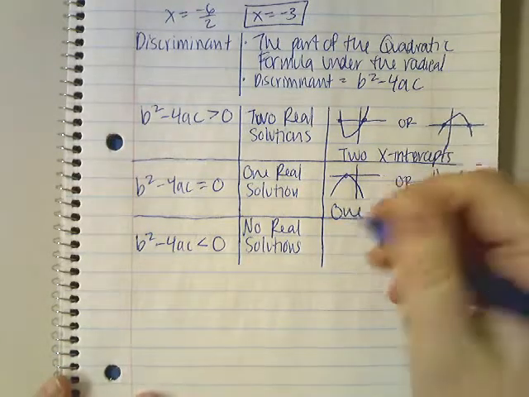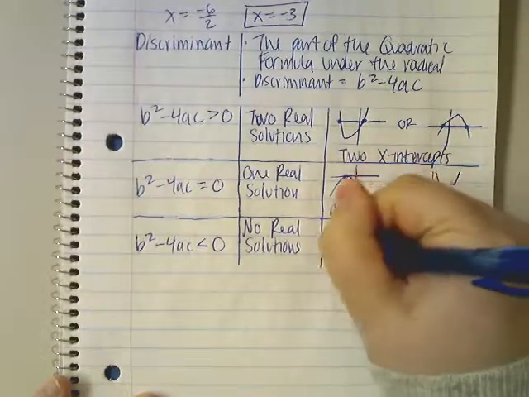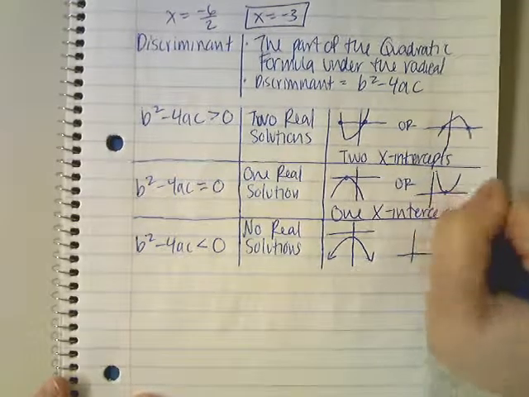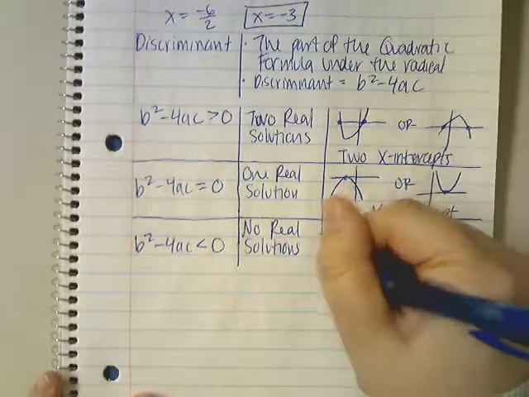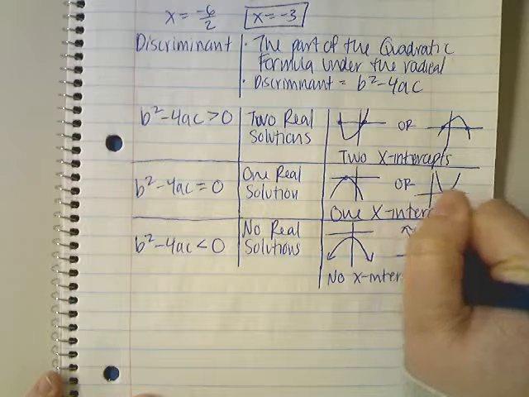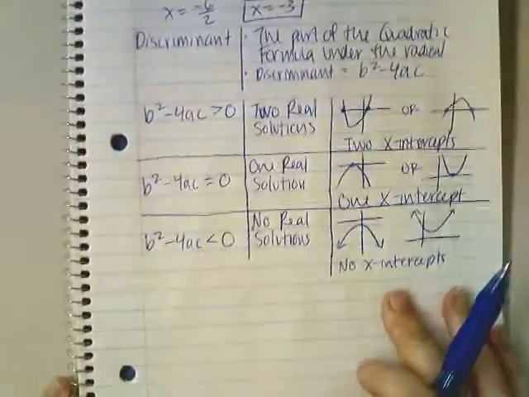We're going to have no real solutions, which means we will have no x-intercepts. So our quadratic will never go through the x-axis. It could still open up or down, but it will never cross the x-axis, so there are no x-intercepts. And that's when our discriminant, or what's under the square root, is a negative number.